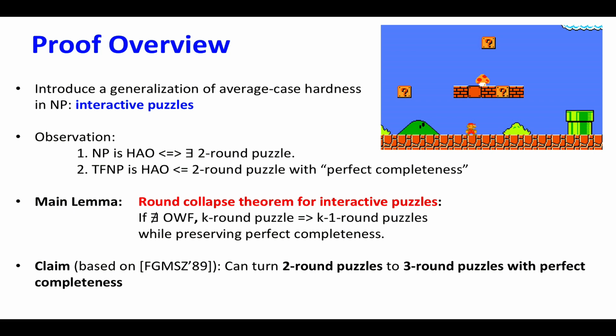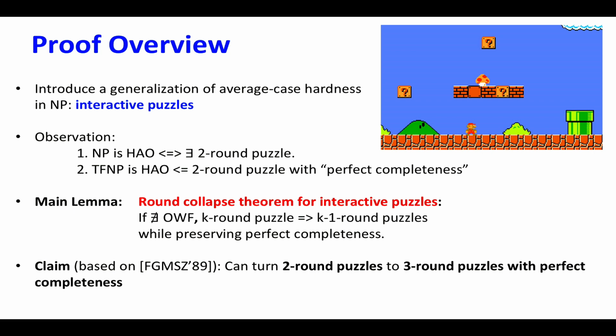Okay? So you can take a 2-round puzzle, you construct a 3-round puzzle with perfect completeness, and now you can collapse rounds if one-way functions don't exist. So the conclusion is that either one-way functions exist, in which case we're done, or it is the case that we can go from 2-round to 3-round perfect completeness and back to 2-round with perfect completeness, which gives me a hard on average language in TFNP.